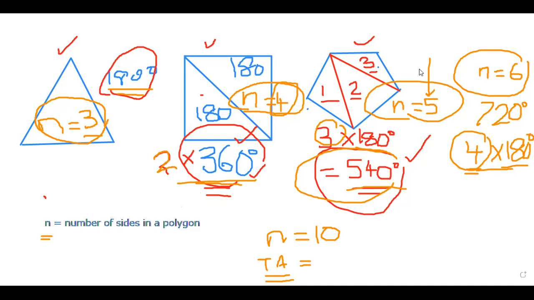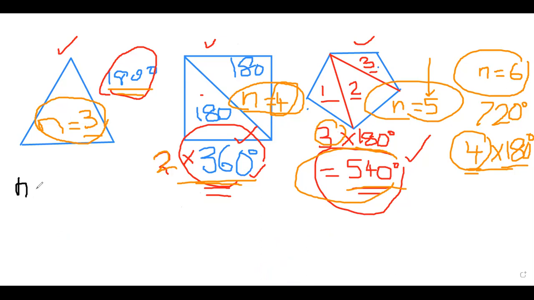Okay, to make it a bit clearer, I'm going to erase a little bit. Please pay attention very clearly. I want you to be able to tell me the pattern. See here, guys. When n is equivalent to 3, your total angle is 180.